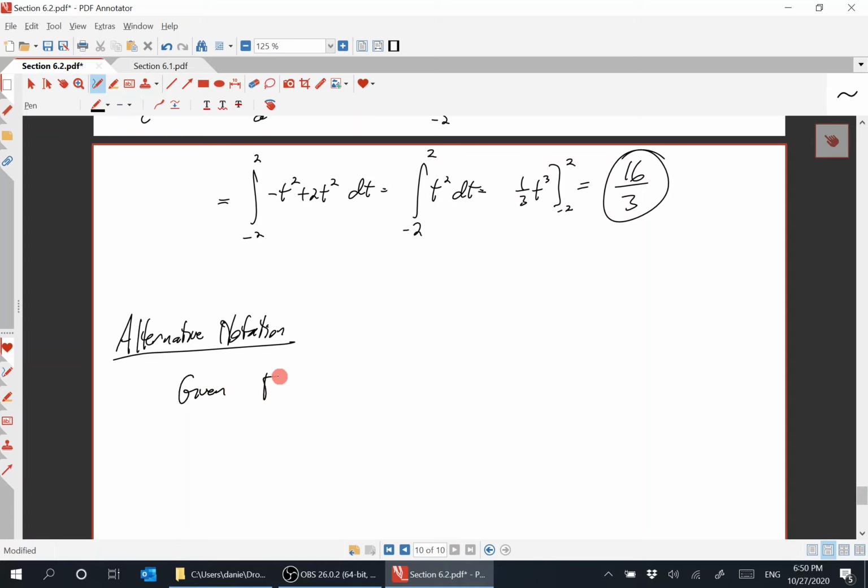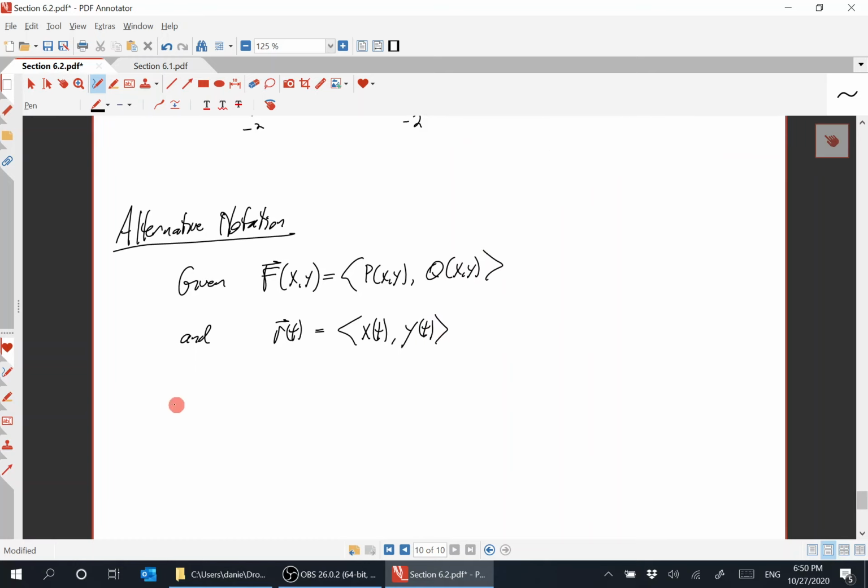Given a vector field f of x y equal to p of x y, q of x y, and r of t equal to x of t comma y of t, the integral over c of f dot ds is equal to the integral from a to b, whatever a and b are, of p comma q, that's f.